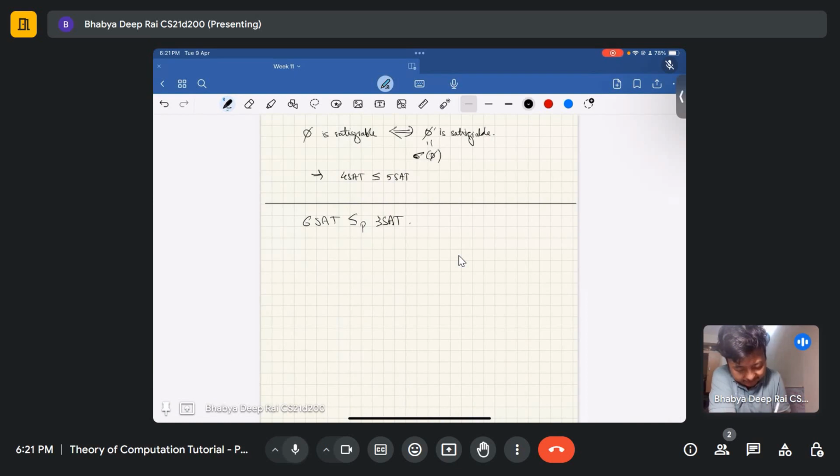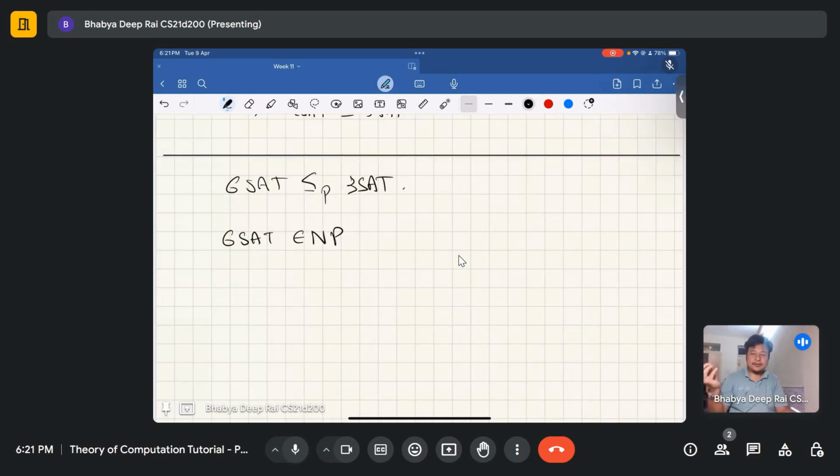Well, first of all, we observe that 6 sat is in NP. Why? Because I can give you a small certificate, and the certificate for the problem of satisfying a 6 CNF is that I give you the assignment, and then you evaluate the circuit and say, okay, this is a satisfying assignment. This is a valid certificate. So efficiently, I can verify it, so it is in NP.